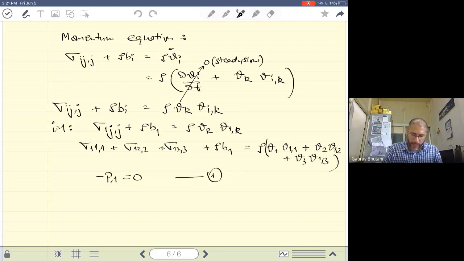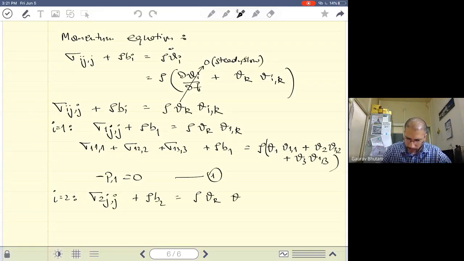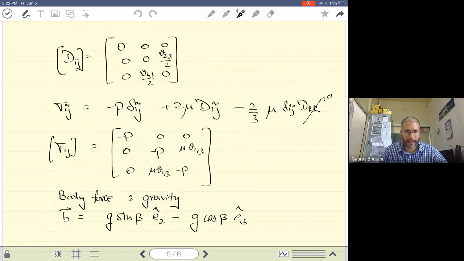Okay, so before we utilize that, let's write the momentum equation for i equal to 2 as well. That becomes sigma 2j comma j plus rho b2 is equal to rho vk v2 comma k. Now let's do things in a more compact form this time. So sigma 2j comma j has three terms: sigma 21 comma 1, sigma 22 comma 2, and sigma 23 comma 3. Now this talks about the second row.